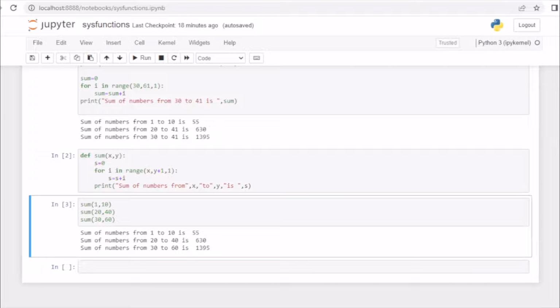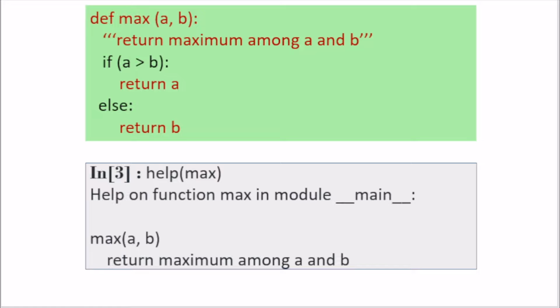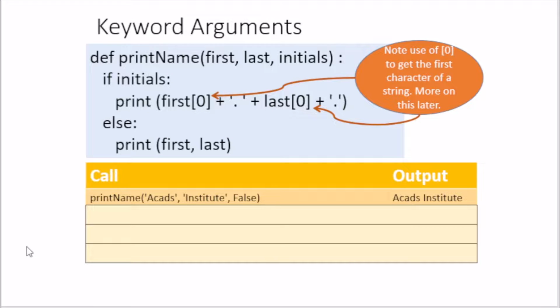Now let us see some more examples. So we'll see what the keyword arguments are here. Sometimes we specify the functions and we pass the input.